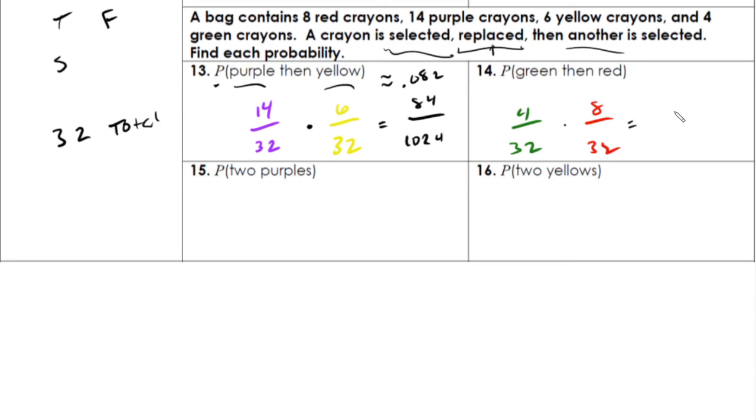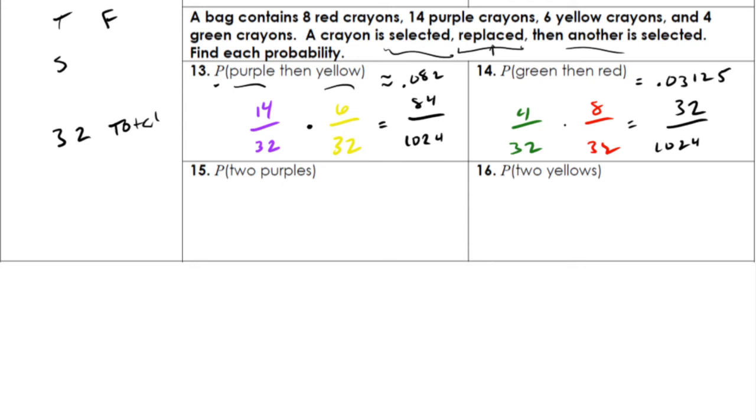And so you multiply those together and you get 32 over 1024, which reduces down to 1 over 32. But aside from that, I'm going to give a decimal approximation. Hey, this doesn't even need to be approximated. It's an exact decimal. You have a 3.125% chance.